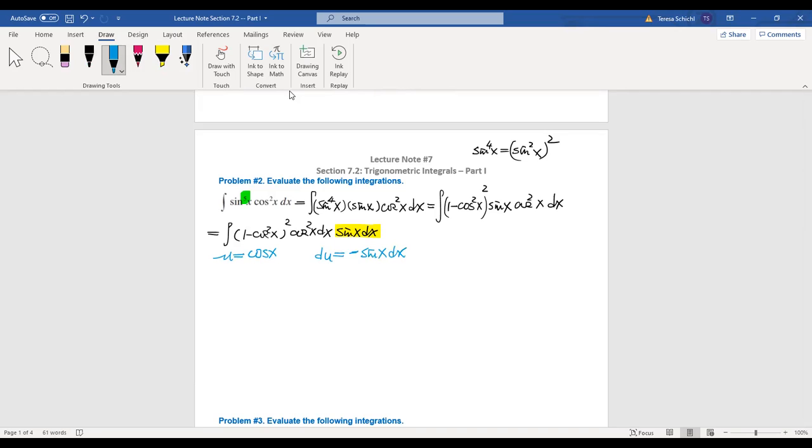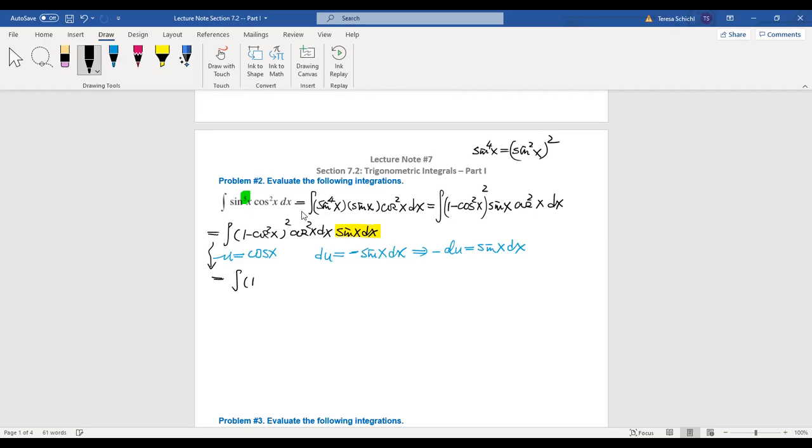See here? So now you have this sine x here, it's pretty good. Then move the negative sign over, so negative du is equal to sine x dx. So I get this part, right? That's why you take one sine x out. Okay, now I can substitute the U-sub here.